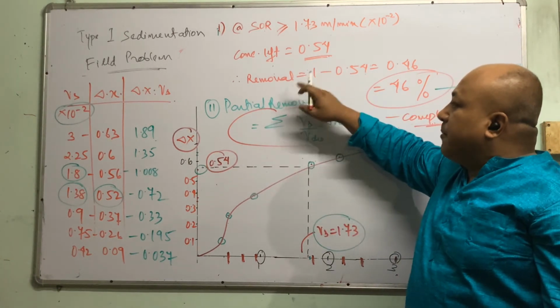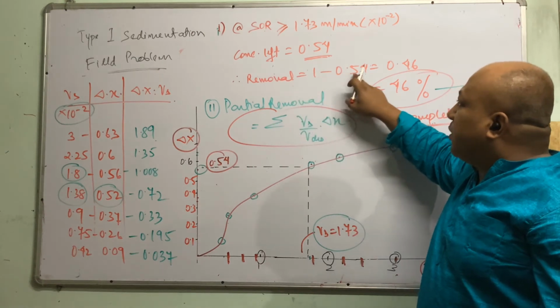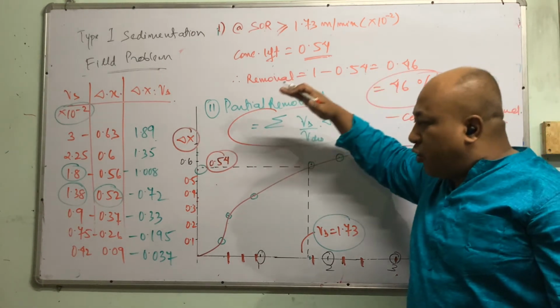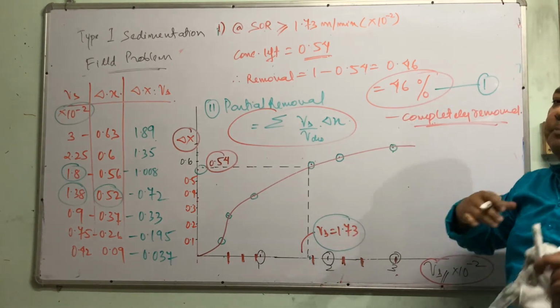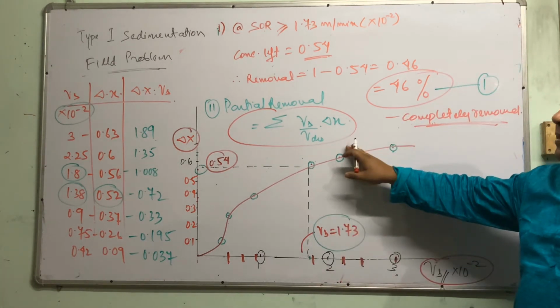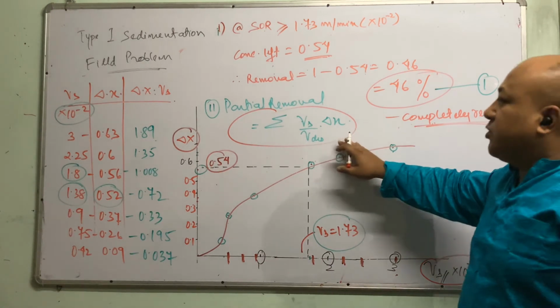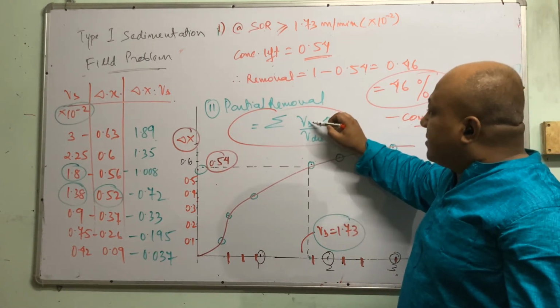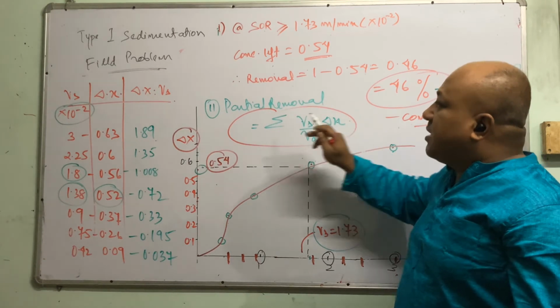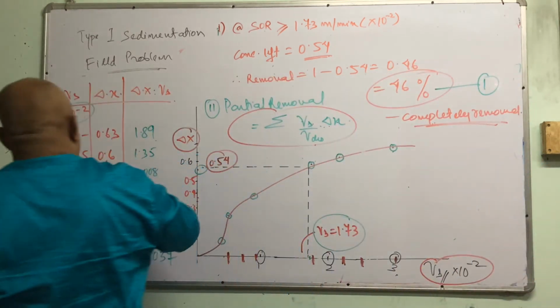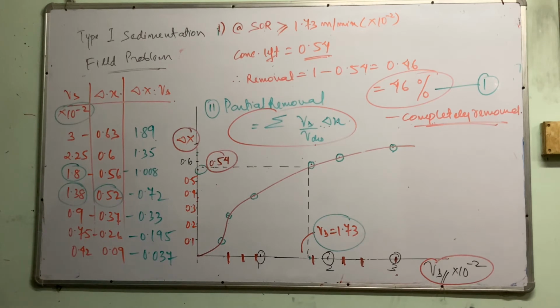That means 1 minus 0.54, that is 0.46, has already settled down. That means 46% is completely removed. The second part, the partial removal, is the ratio between the settling velocity and the design velocity into del X. Del X means how much concentration is left over here. So from here we are going to estimate.